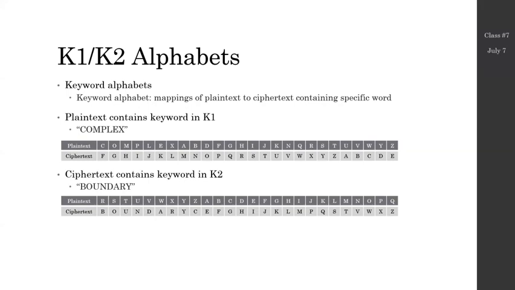When I say containing a specific word, I mean containing the keyword consecutively, because obviously all words are contained in the alphabet. First of all, the K1 alphabet is where the plaintext contains the keyword. You write out the ciphertext letters in alphabetical order, and then write each corresponding plaintext letter above the ciphertext, and the plaintext alphabet will form a keyword.